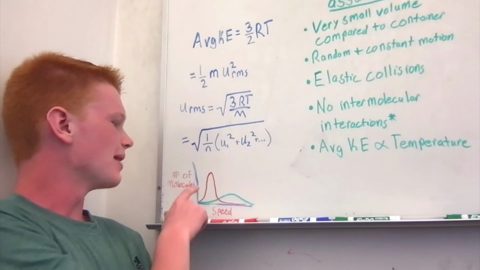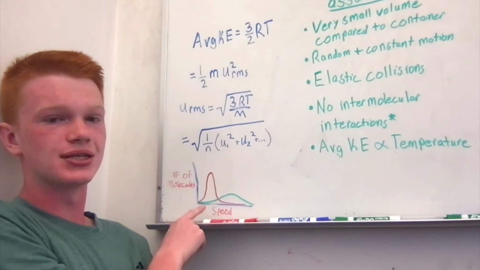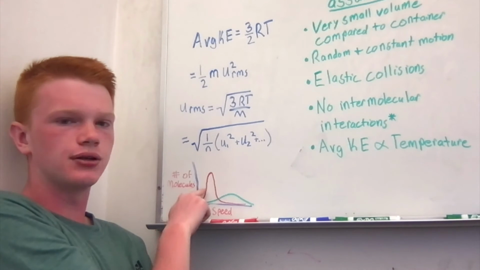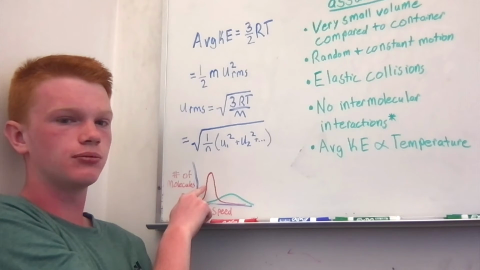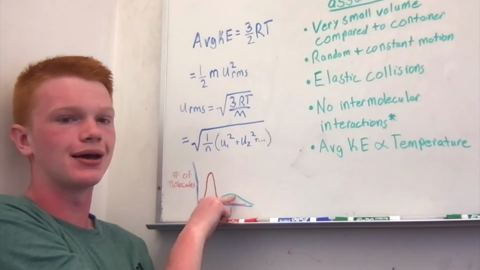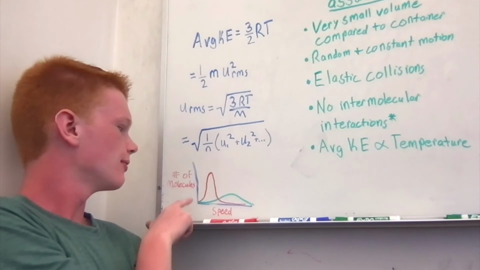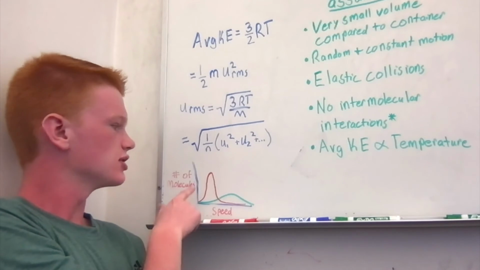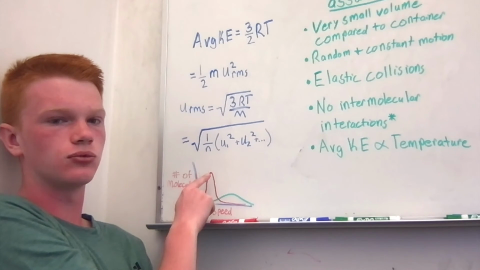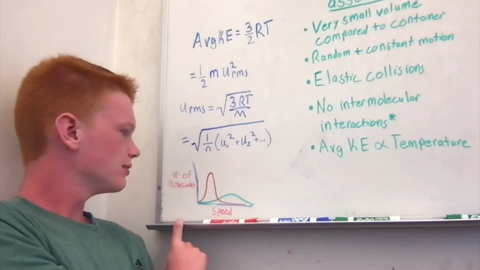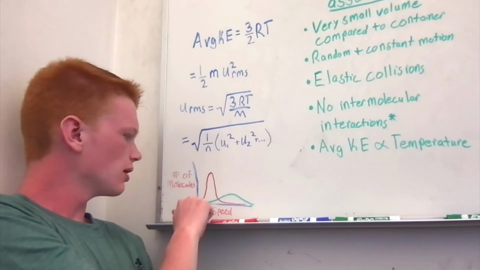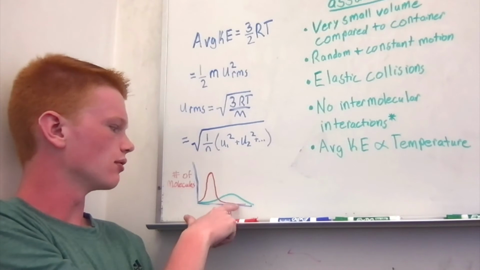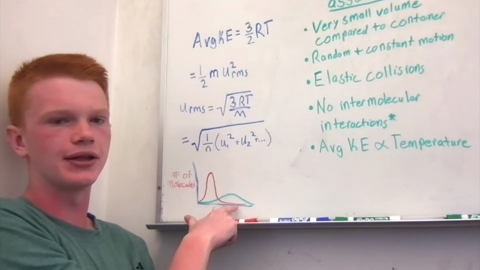So imagine that these lines represent the same gas, but the red is at a lower temperature, and the green is at a higher temperature. So when the temperature is lower, that means that the speed is lower. But when you have a higher temperature, the speed is higher because it's further along that axis.